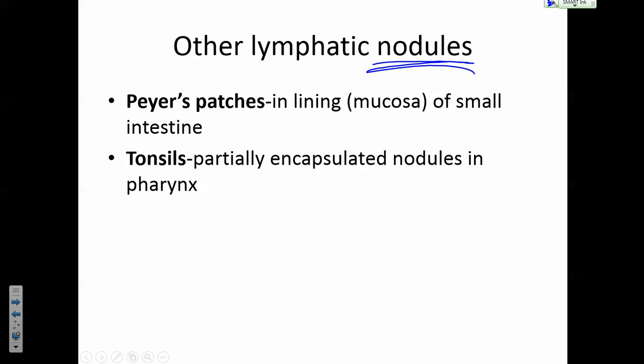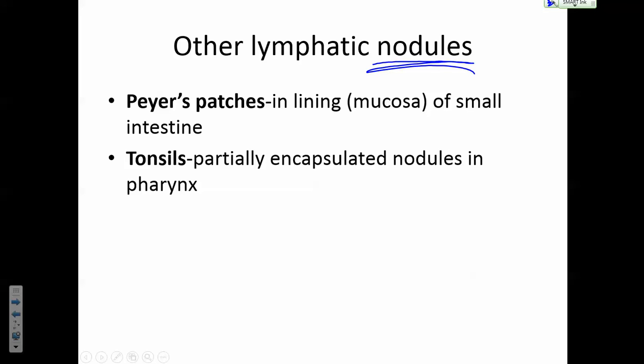Your tonsils, you've all heard of tonsils. Those are lymphatic organs that are made up of a bunch of lymphatic nodules, and it's not as smoothly enclosed like a little tiny lymph node is. They're bigger than lymph nodes, but they're located in your pharynx. And so that's another first entry as those pathogens are coming in by way of your respiratory system or your digestive system through the mouth.